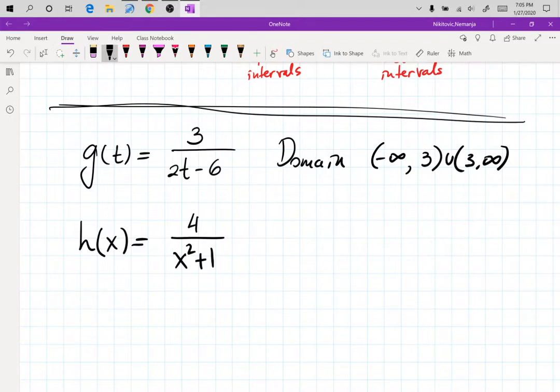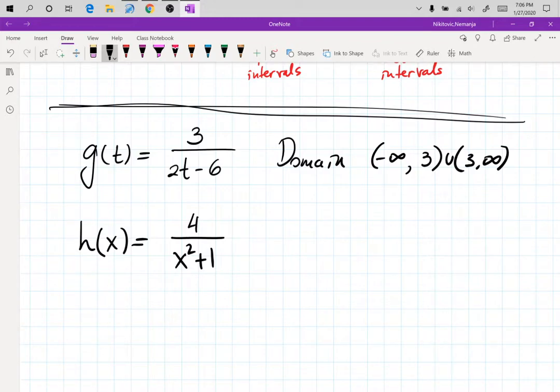Is there a bad value? Yeah. There is no way to make the denominator 0 here. Any number you plug in will give 1 or more. Plug in 0, you get 1. Plug in 1, you get 2. Plug in 10, you get 101. Plug in negative 10, you get 101 again. Every single number you try, you are not going to make a 0.